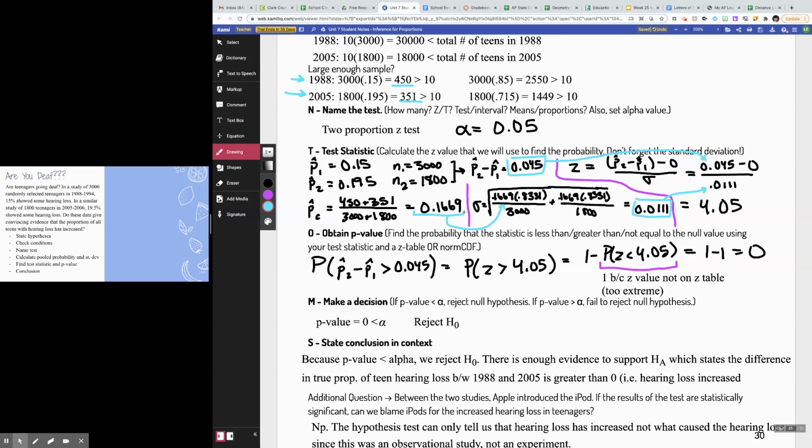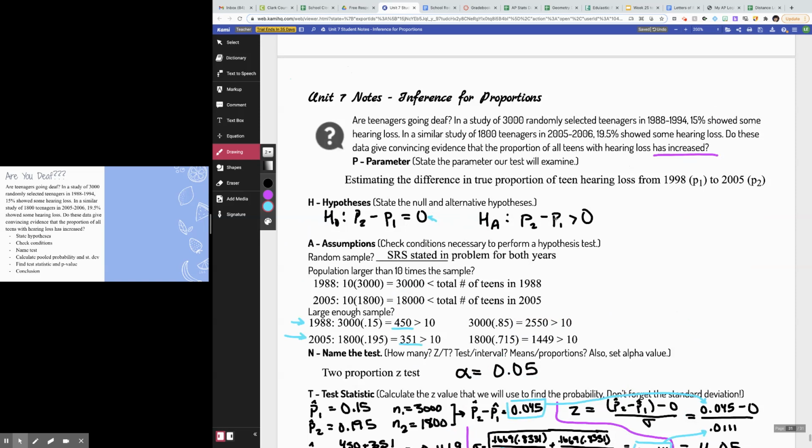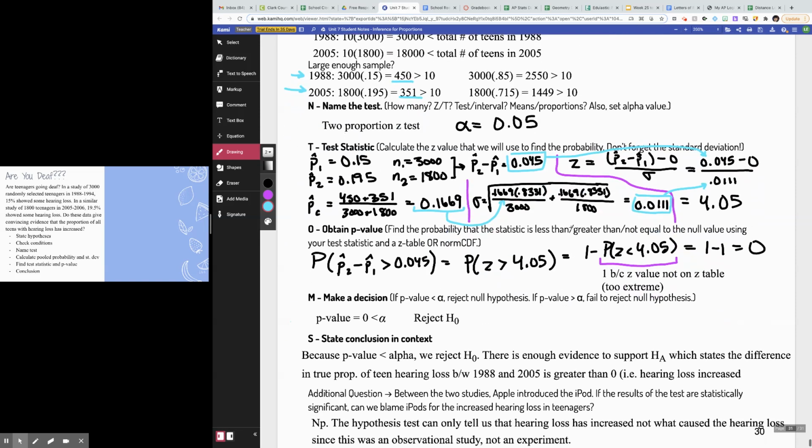So for the p-value, we're finding the probability that the difference in those samples is greater than 0.045, because remember, my alternative hypothesis had a greater than symbol in it, okay? So that's the same as saying what's the probability that z is greater than 4.05, okay?